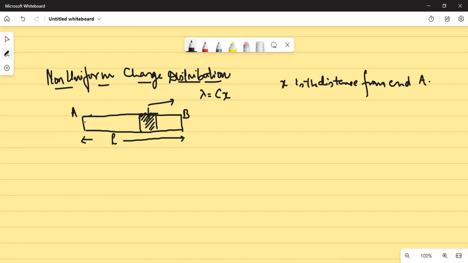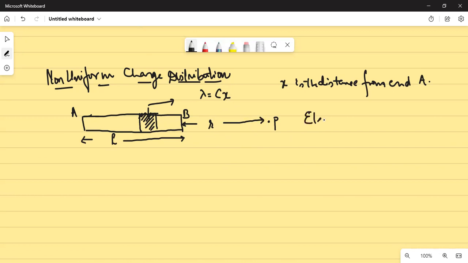Now what is happening? At a you have zero charge exactly at a, and as you go from a towards b, your charge is increasing because this is c times x. Now if I want to find the electric field at a point p, and let's say it is at a distance r from b. So now how to write this expression?